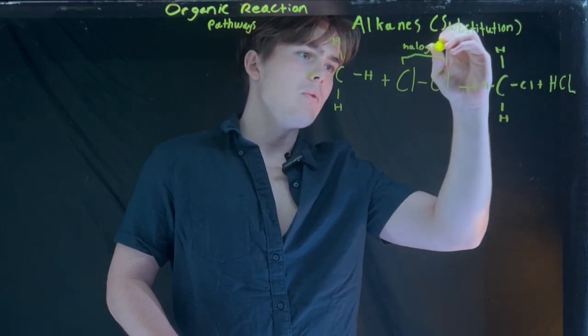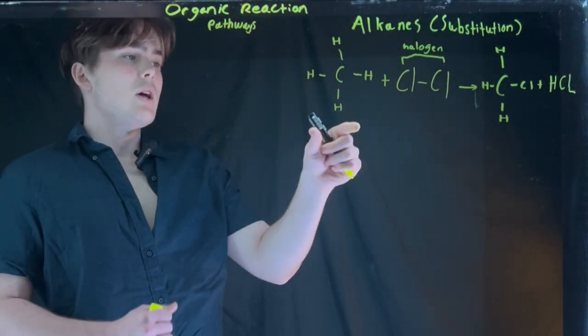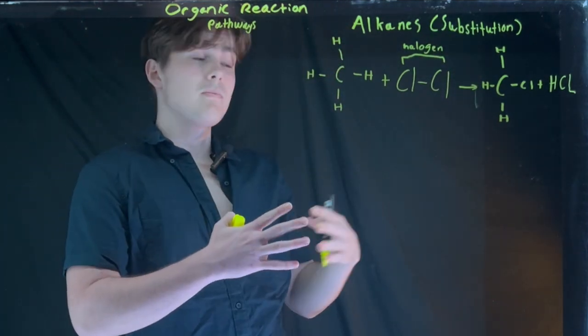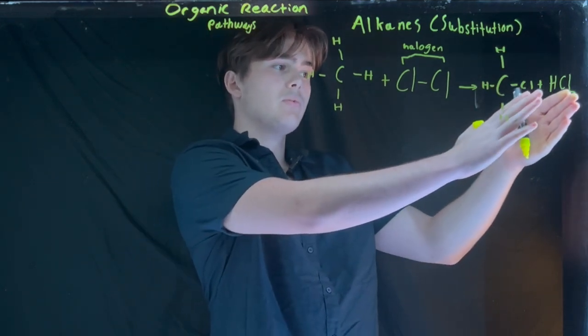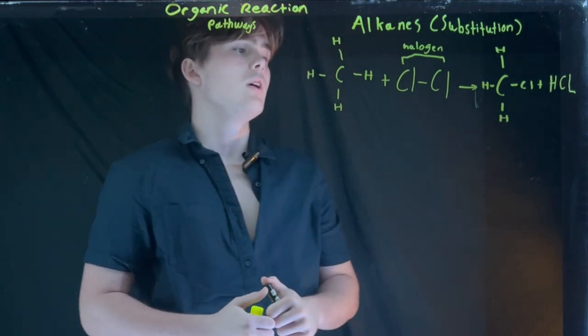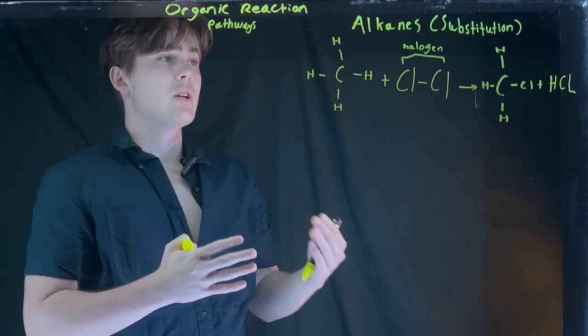So we have an alkane coming together with a halogen, and that produces a haloalkane plus HCl. This is an example of a substitution reaction.